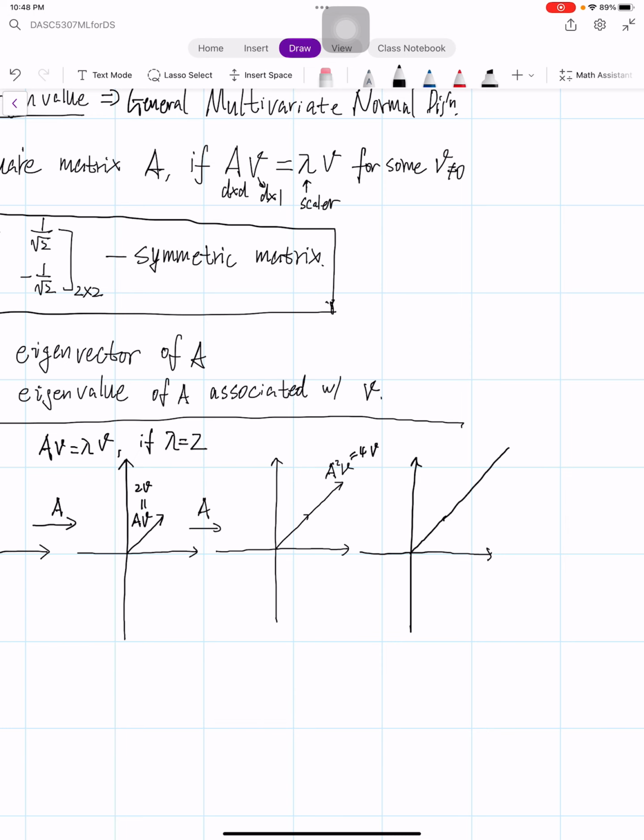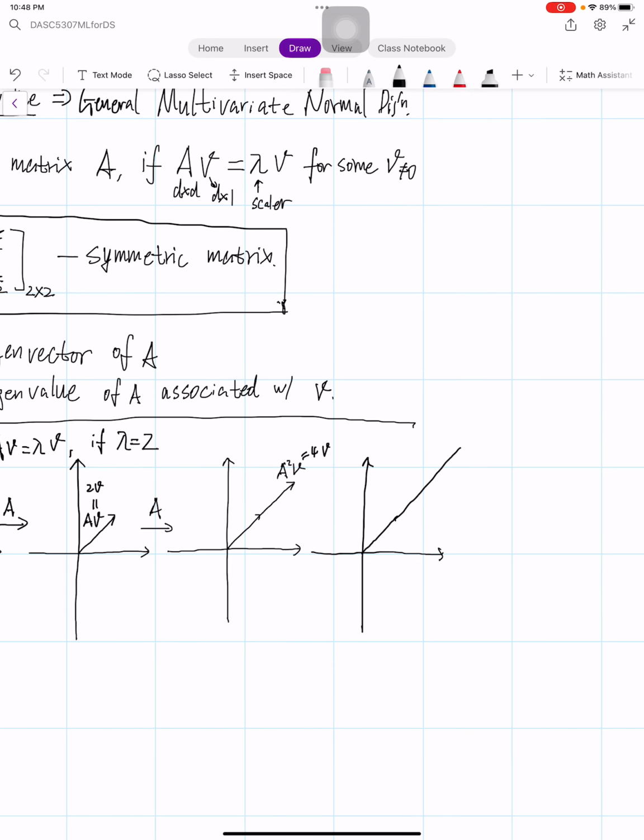Okay, and A cube: if you apply A again, this is A cube nu. So A cube nu is just equal to lambda times A square nu, right?